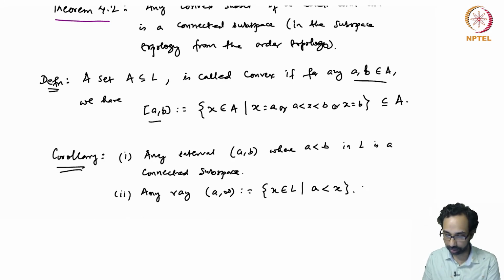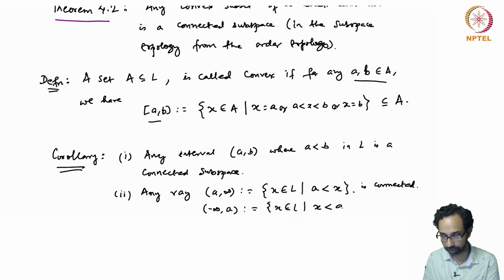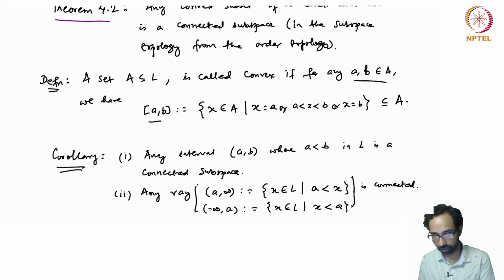Any ray is connected. By the way, a ray can also be on the other side, so we can also define (−∞,a), which is the collection of all points such that x is less than a. Both these are called rays, and any ray is connected.